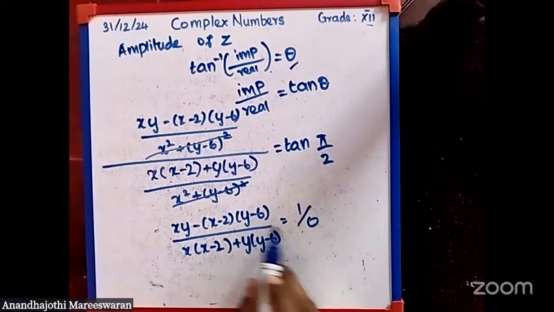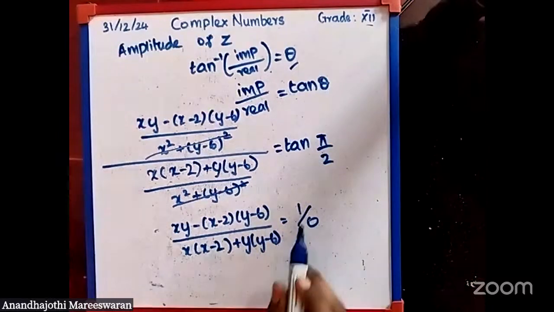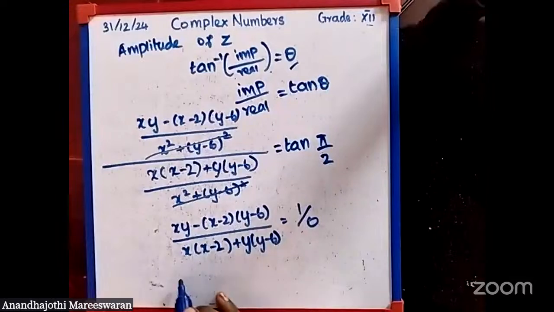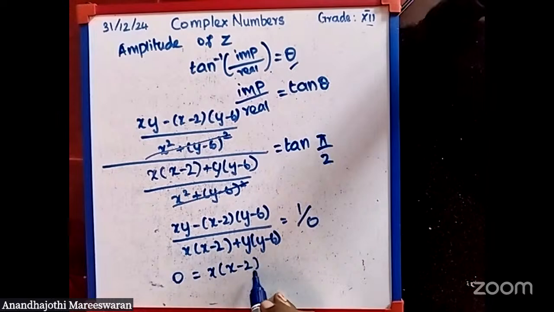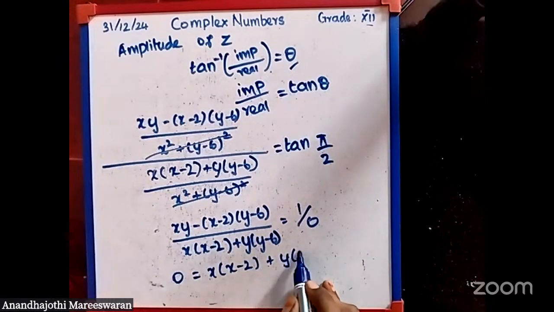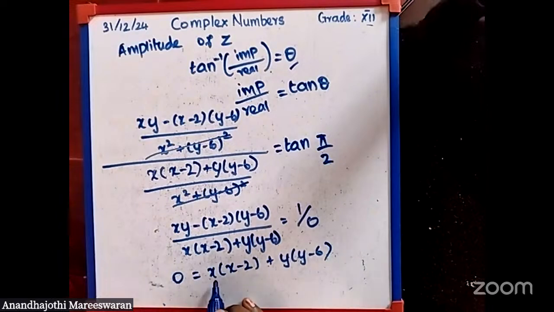Now we are going to cross multiply this. 0 into anything is 0, equals 1 into this term, which remains the same. So x multiplied by (x minus 2) plus y multiplied by (y minus 6). I can rearrange this and multiply the x and y inside these terms.